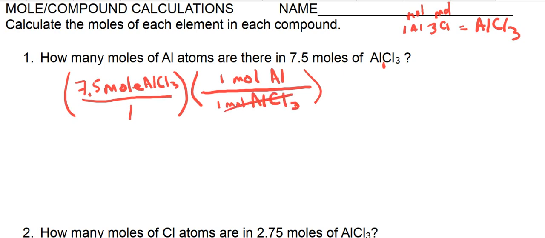So the moles of AlCl3 cancel, and that gives us 7.5. I multiplied 7.5 times the 1 mole of Al over 1. So our answer is 7.5 moles of Al.